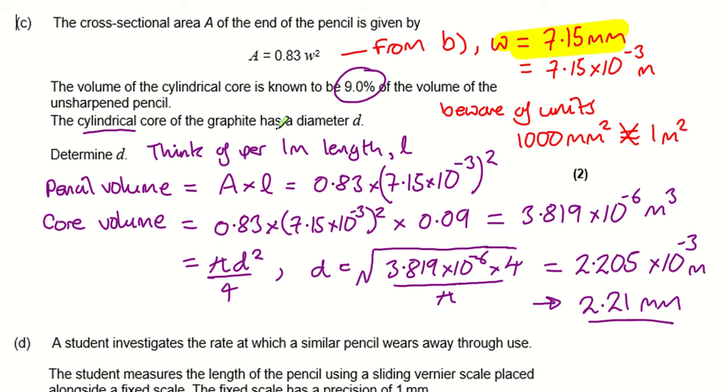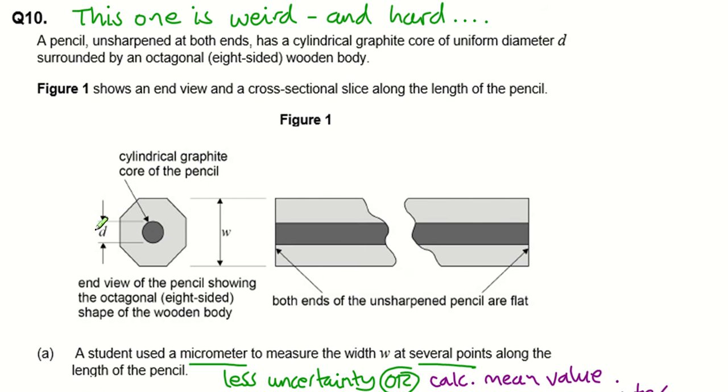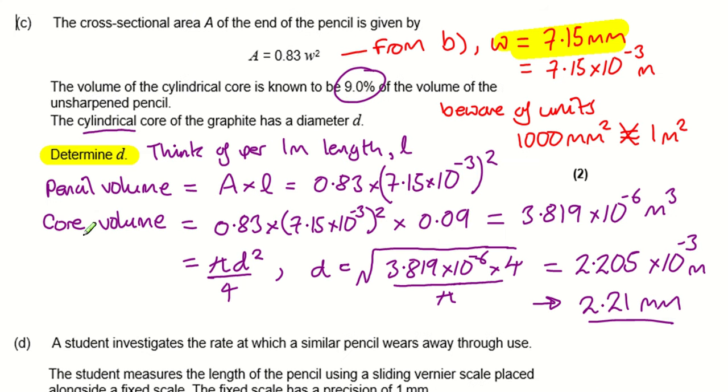Then they said work out the diameter of the graphite bit in the middle, based on them telling you that the cylindrical core is 9% of the volume, and that the area of the octagonal pencil is 0.83 multiplied by the width squared.